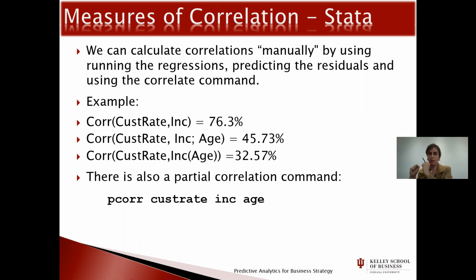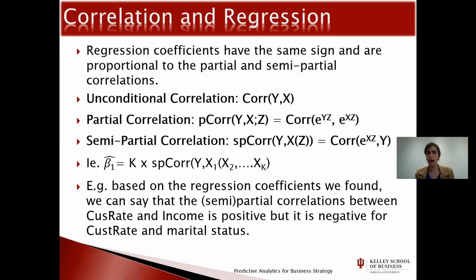This is called the partial correlation. You can compute that correlation by eliminating the influence of age. How do you do that? You just compute the correlation between the residuals. This E variable here is the residual of the first variable, let's say customer rating, on age. You regress customer rating on age, run this regression, and take the residuals, which is the part of customer rating that was not explained by age.